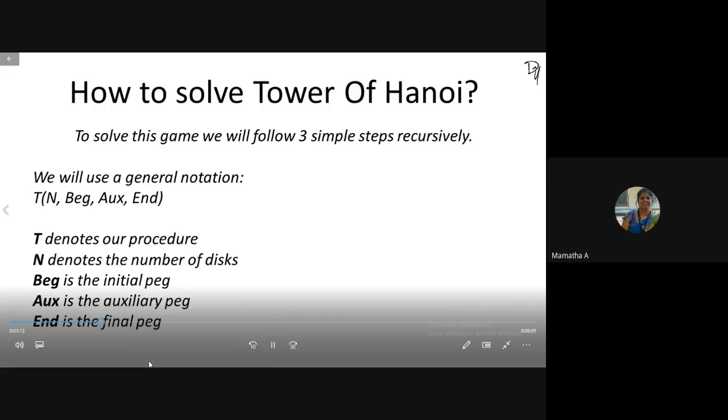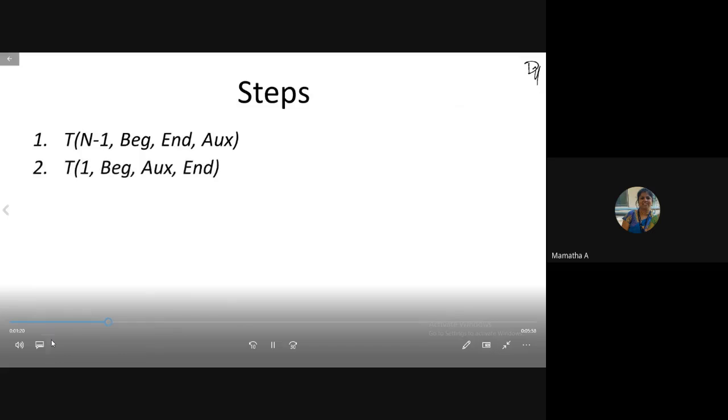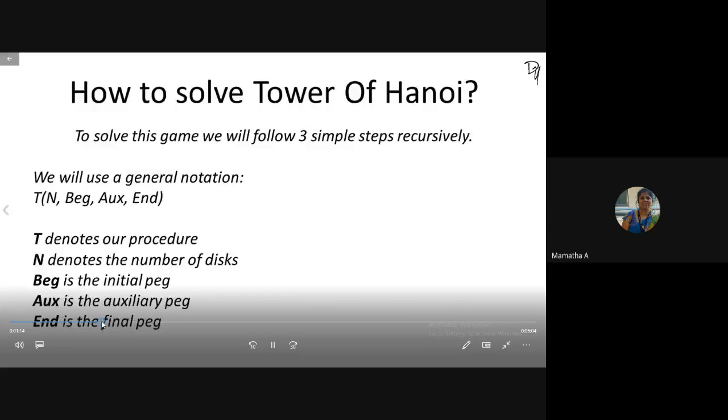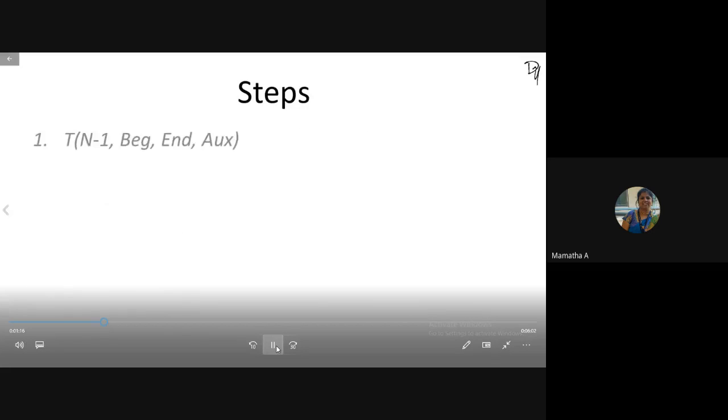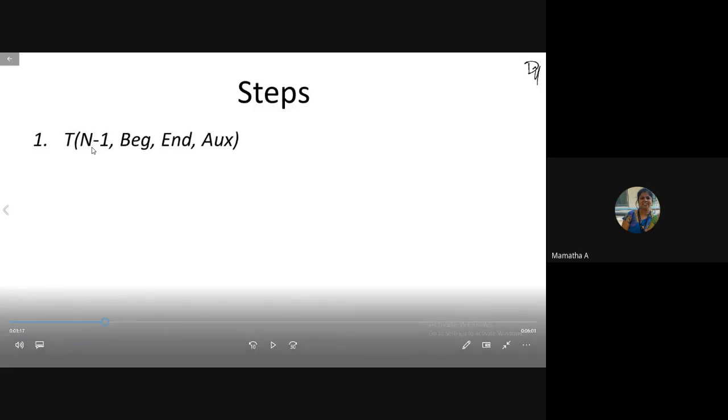Is that clear? So you all know that first you should move how many discs?